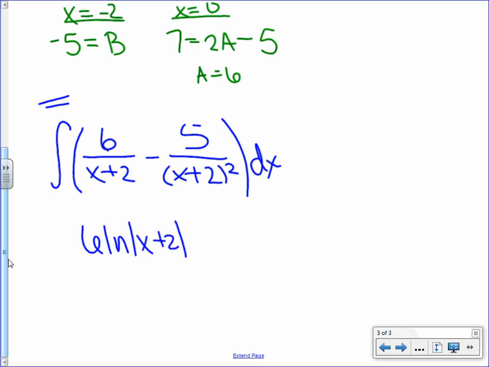Good. This is negative 5 times x plus 2 to the negative first, divided by negative 1, plus b.